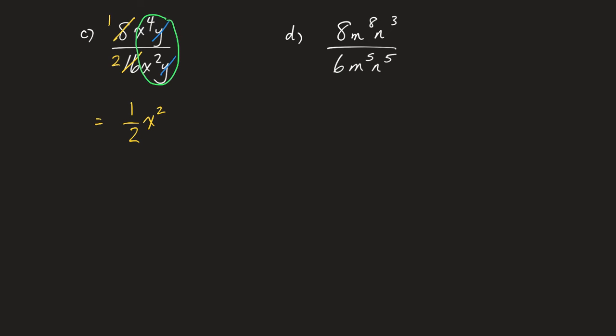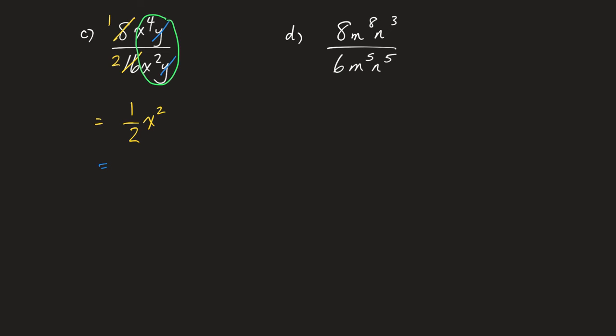They both have base y. So I subtract my exponents. And I'm going to take my 1 minus my 1. That gives me 0. I just hope that we can be reminded then, look at that blue y to the exponent 0. We know that that's equal to 1. So why ever write it down? And there we go. So if we came down to a 1/2 x squared, we are good.